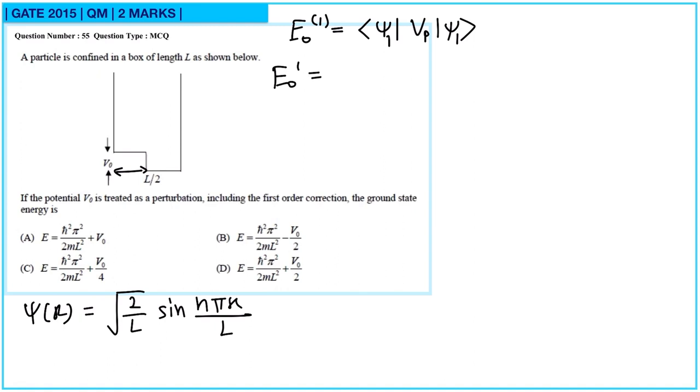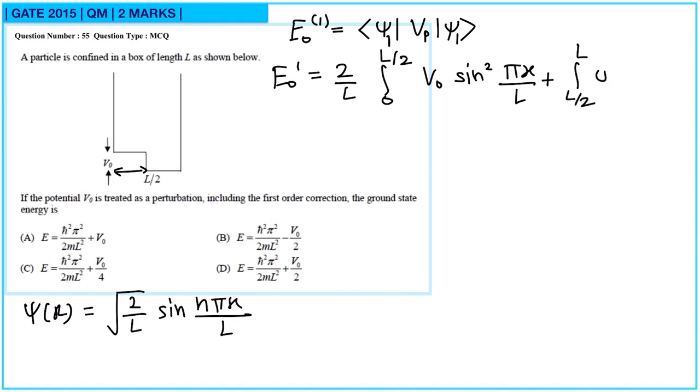So this E01 is equal to square of this, so that is 2 by L, and this is from 0 to L by 2, then V0 into sine square pi x by L, and in the region L by 2 to L, this V is equal to 0, and we have here psi 1x square, and that is 0 only, so we don't have to consider it.